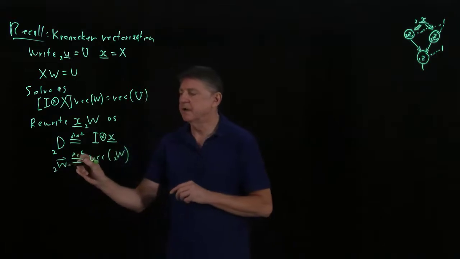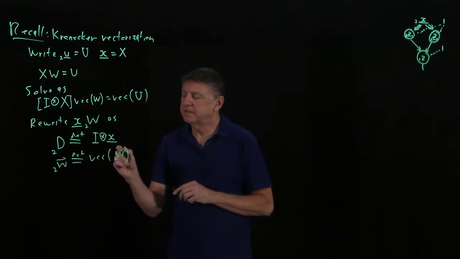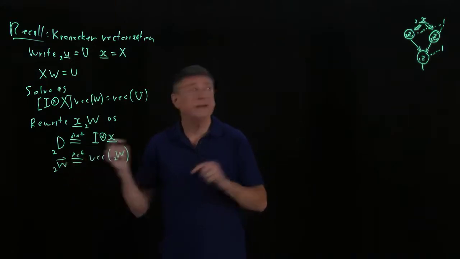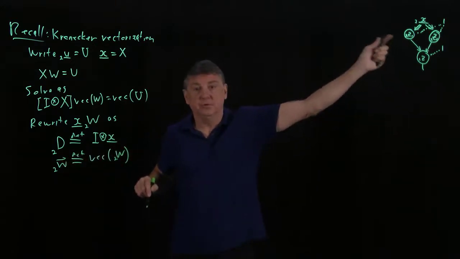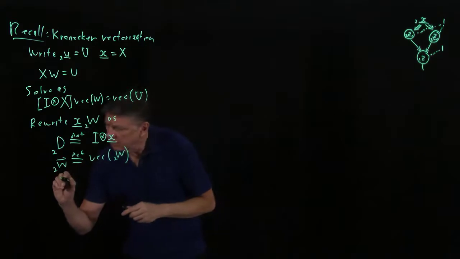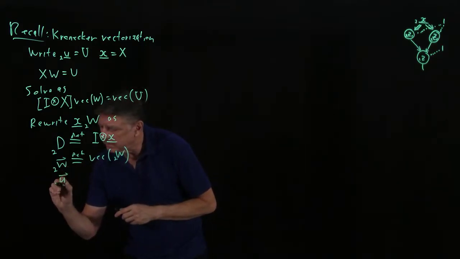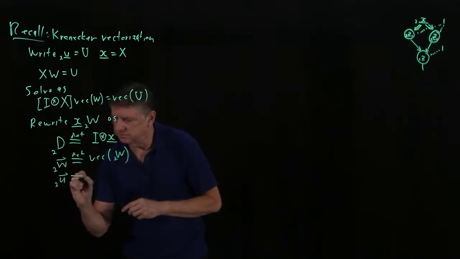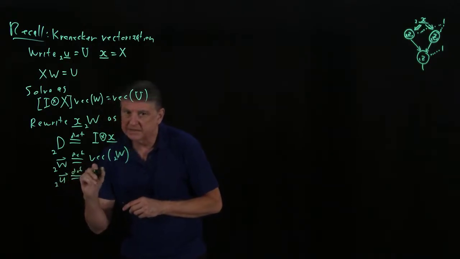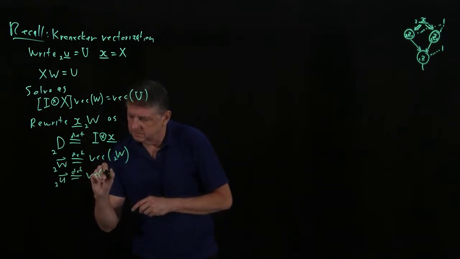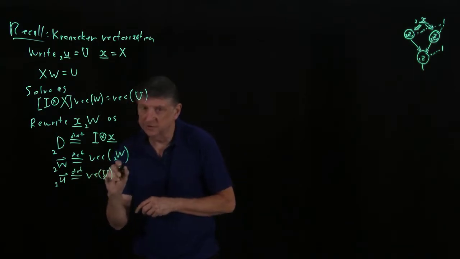So what this will end up being is, we'll stack all the weight vectors for all of the hidden neurons. We'll then define the linear product vector for layer 2 as the vectorization of the responses at layer 2.